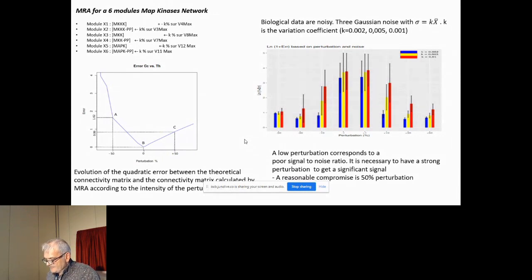And we see that a low perturbation corresponds to a poor signal-to-noise ratio, and it is necessary to have a strong perturbation to get significant signals. Unfortunately, we are moving away from the exact solution because of non-linearity. A reasonable compromise is to take a 50% perturbation.